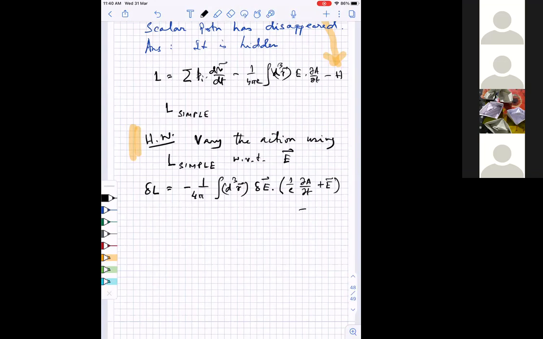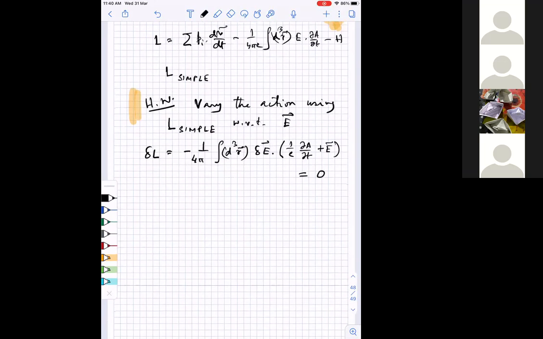And this, of course, has to go to 0 if I want the variation to go to 0. So what does that mean? If I do exactly the way we have done before, this would imply that my E is equal to minus 1 by c del A del t.